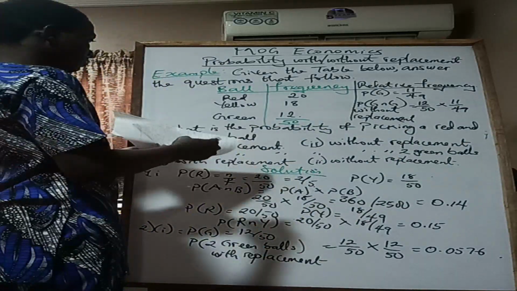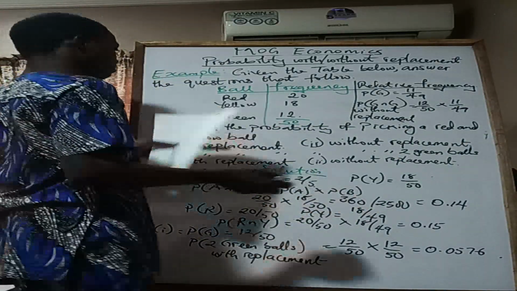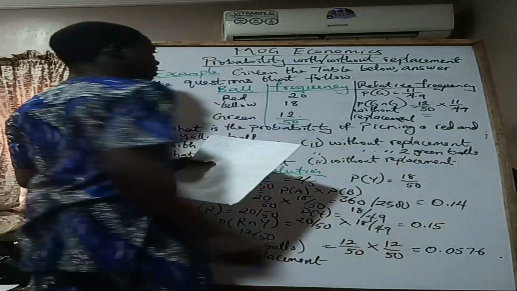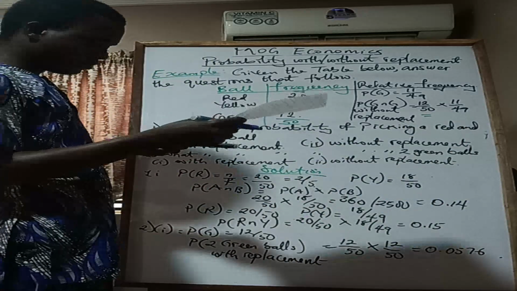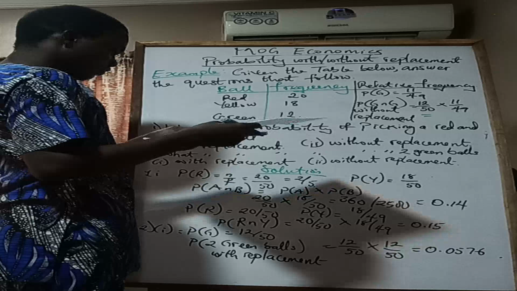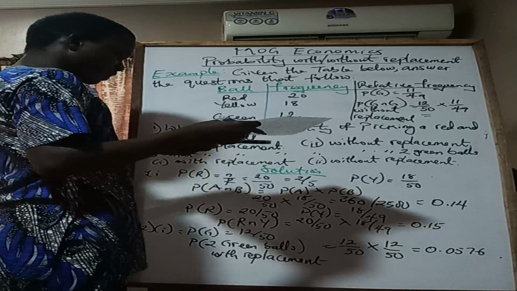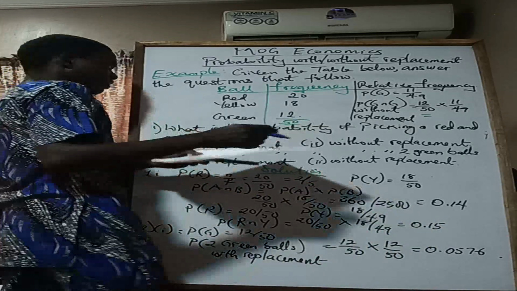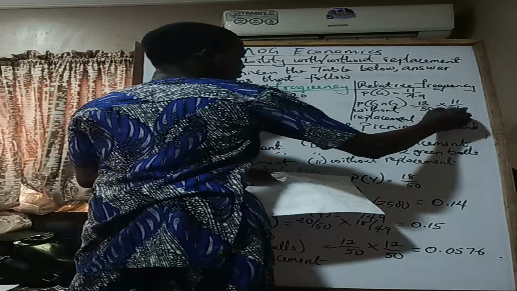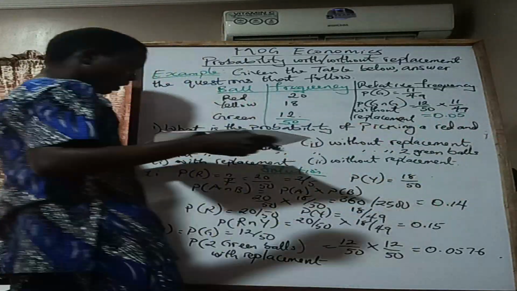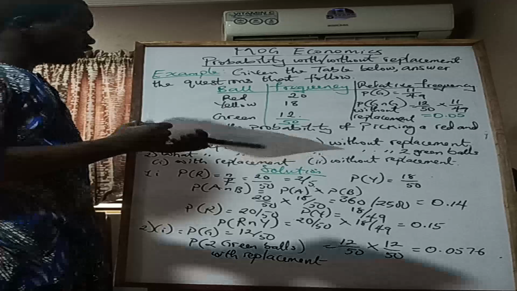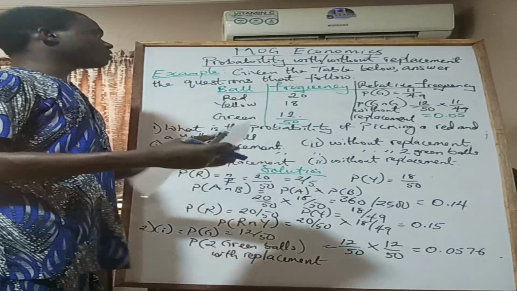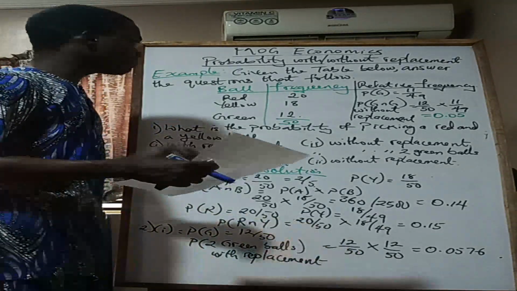Okay, I hope that's clear. And that gives us, what do we have? 12 over 50 multiplied by 11 over 49. We have 0.05. Yeah, 0.05. So you see, it's a pretty simple thing.